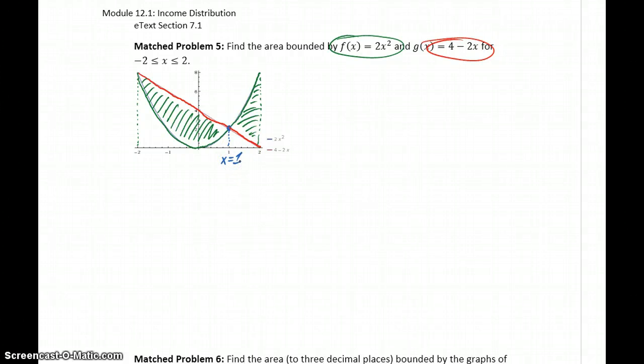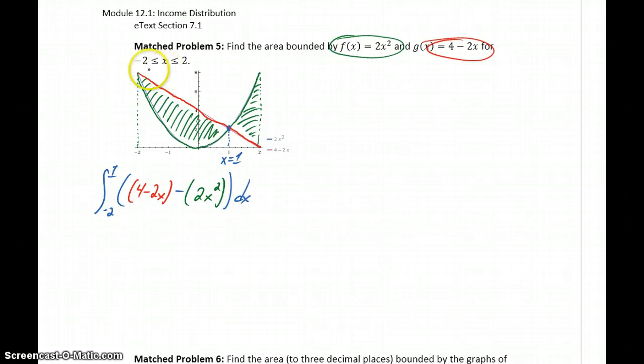So we'll have two separate integrals to set up and evaluate. Our first integral will go from -2 to 1, and we'll be integrating 4 minus 2x minus 2x squared, since on the first portion of this interval, g of x takes on the larger function values and f of x takes on the smaller function values, minus the integral from 1 to 2.